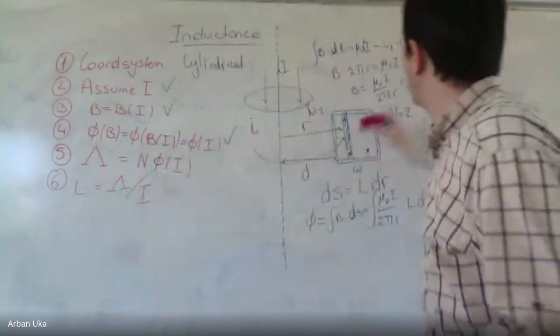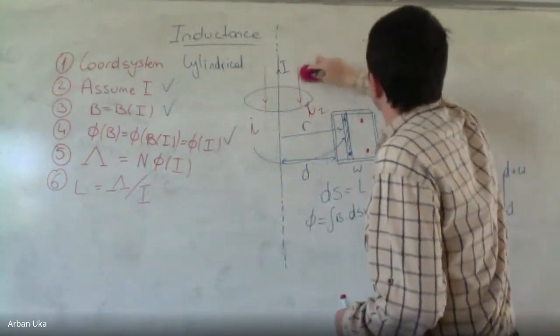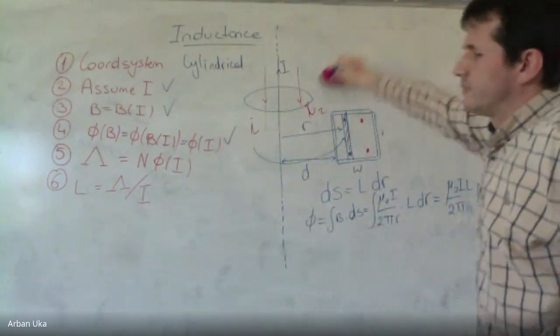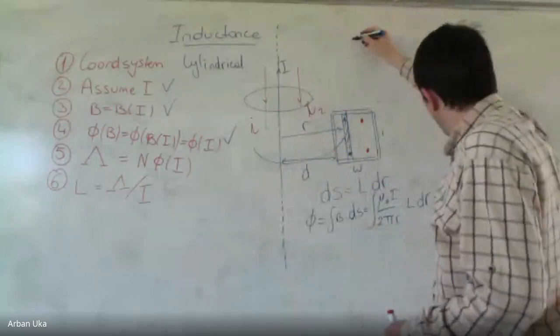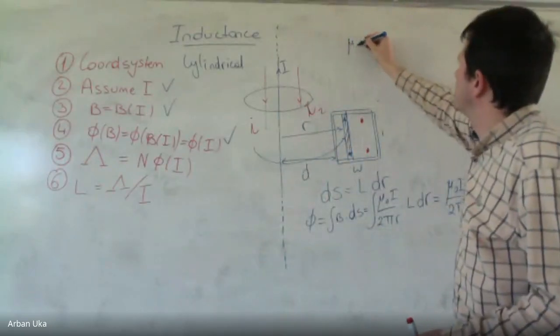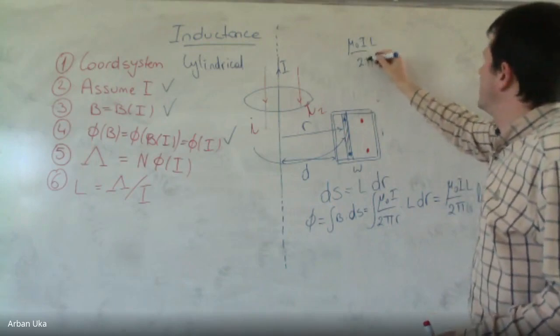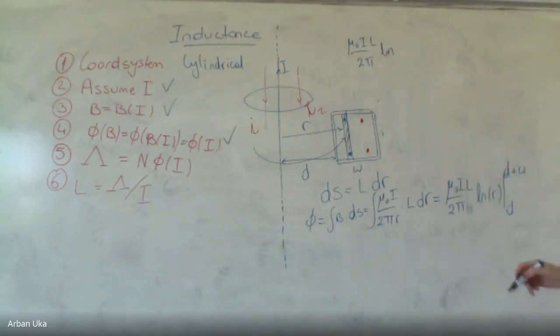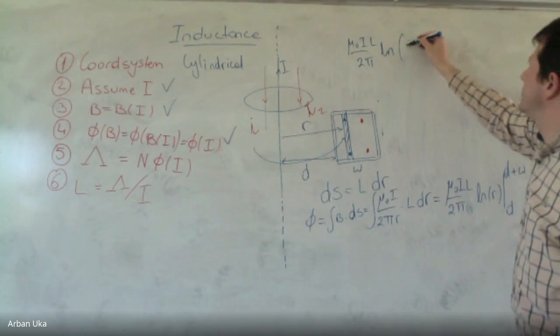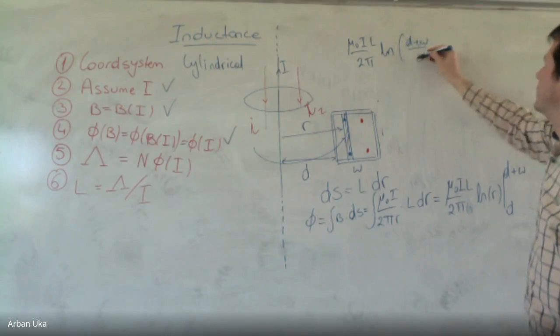This one we have calculated several times. So this is mu 0 I L over 2 pi times ln of d plus w over d.